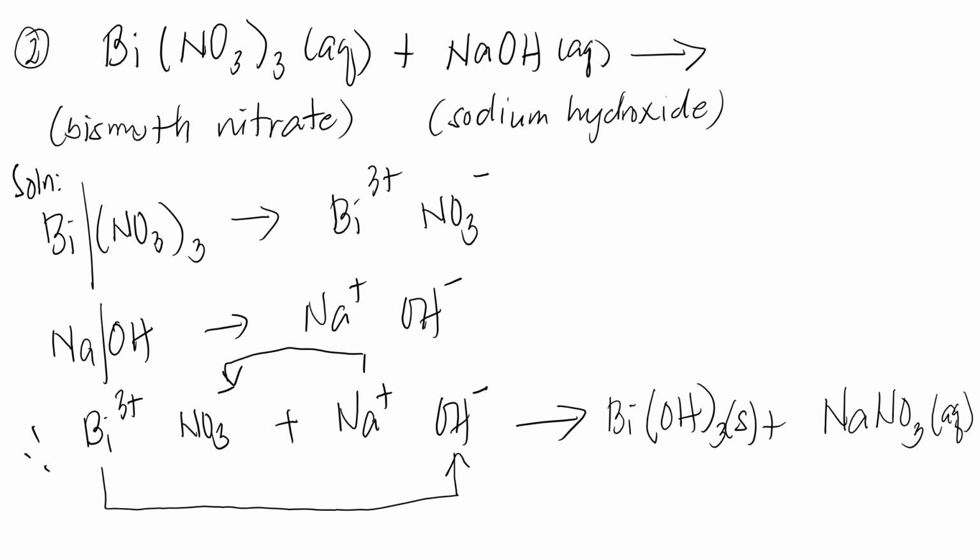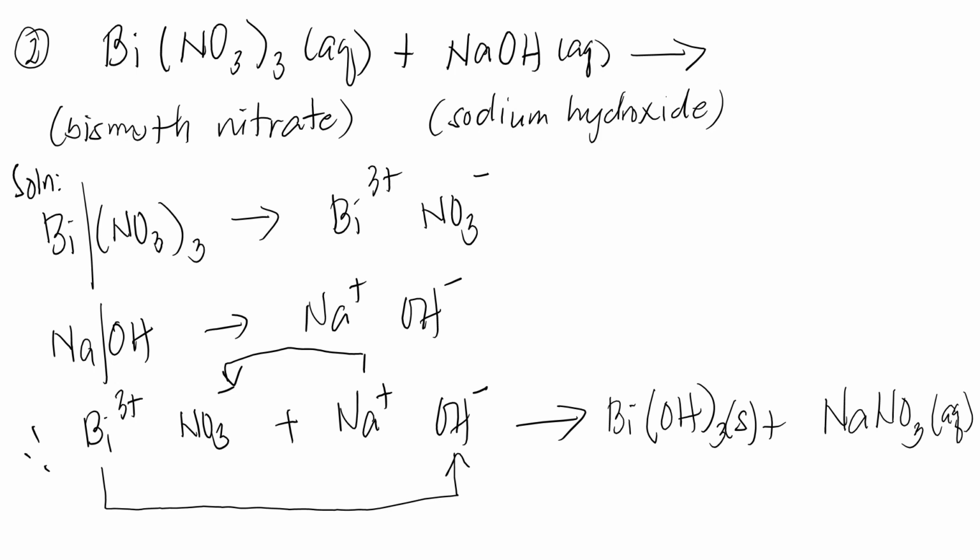Now that we have the ionic forms of the compound, we are now ready to do the metathesis process. Exchange partners: bismuth 3 plus will go to OH minus and Na plus will go to NO3 minus 1.